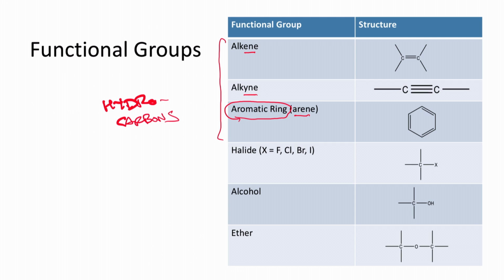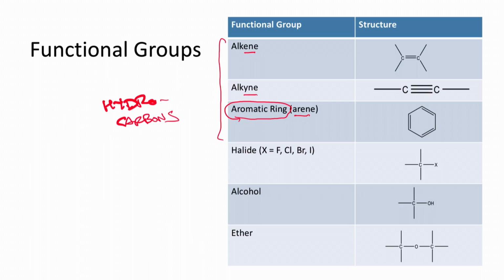But there are other elements in the periodic table. For example, if you have a halogen in your substance, we call these things halides. The halogen could be fluorine or chlorine or bromine or iodine. You can also have oxygen in your compound, in which case there are different kinds of functional groups with oxygen.